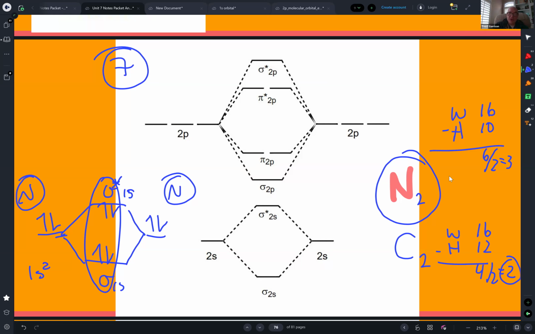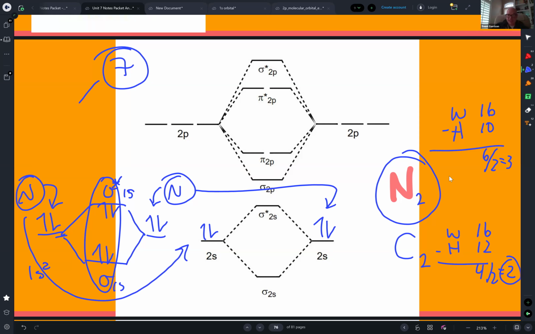We do the same thing now for the sigma 2s. I have 4 electrons there. Again, this is for this nitrogen, this is for this nitrogen, the same nitrogen on the left and on the right. So these are my 4 electrons, and we've got to get ourselves up to 7.